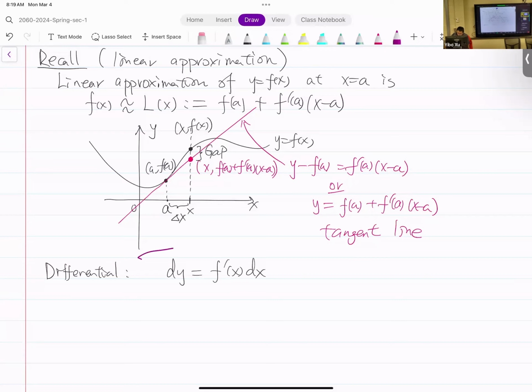So when you think about the differential, this is exactly saying, okay, the change in y must equal the slope of tangent times the change in x, where dy and dx represent the change in the output and the input. But then they are denoted as d because you are essentially lying on the tangent. Okay. So differential always directly relates to the tangent.